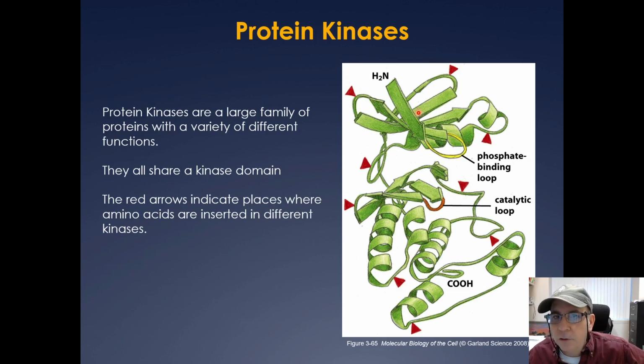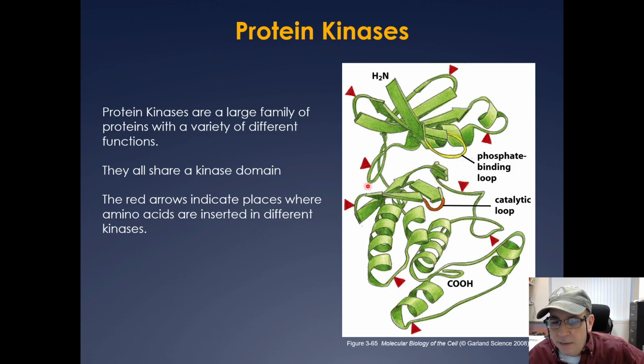Here's the structure of the protein kinase domain. We actually saw this same domain in SARC, so I encourage you to look back at the image of SARC that I showed in part A of today's lecture, and you'll see that it's very similar. The protein kinases are a huge family of proteins, and they all phosphorylate different things.